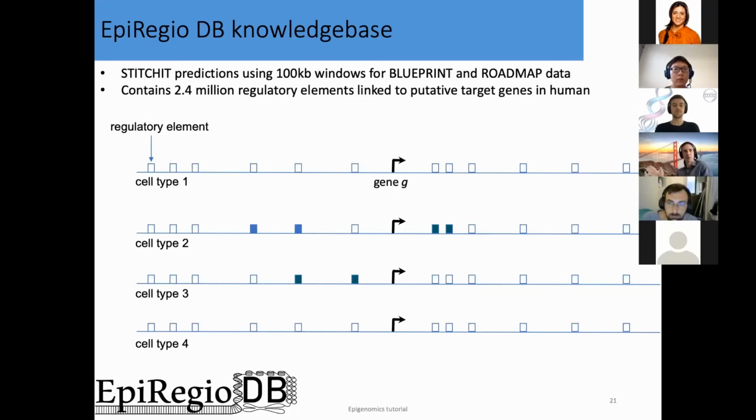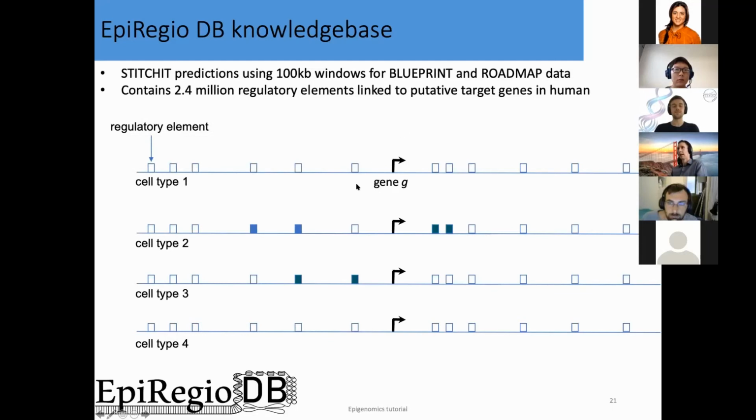In all of that region, we asked whether there are regulatory elements associated with gene expression changes. We put this into a database called EpiRegio, EpiRegio-DB. EpiRegio contains 2.4 million regulatory elements that we've inferred from the data I mentioned, which are also linked to putative target genes in human.